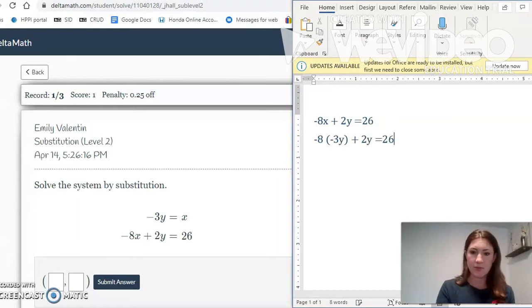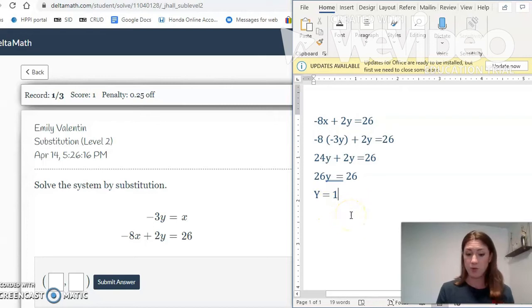And then rewrite the rest of it. Okay, so everybody sees the substitution stuff there. And then simplifying, negative 8 times negative 3 is 24y plus 2y equals 26. 24 plus 2 gives me 26y equals 26, and that tells me that y equals 1.